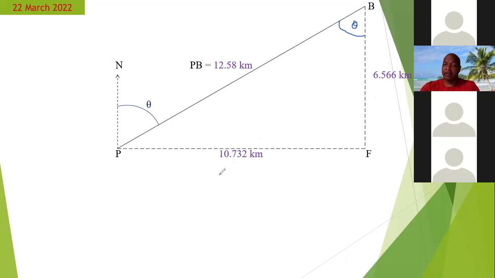Which one do you want to work with? We can use the sine as well, because that would be the opposite over the hypotenuse. So sine theta.